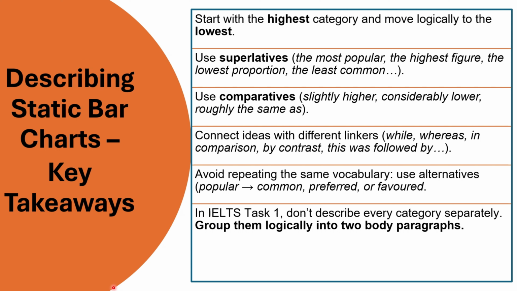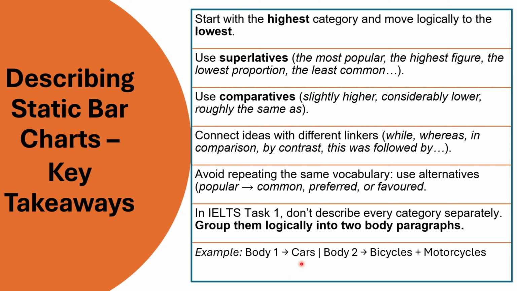Instead, group them logically into 2 body paragraphs. For example, in the transport preferences graph, we described cars in one paragraph and then grouped bicycles and motorcycles in the second. That way, your response is concise, well-structured, and shows clear comparisons, which is exactly what examiners want.